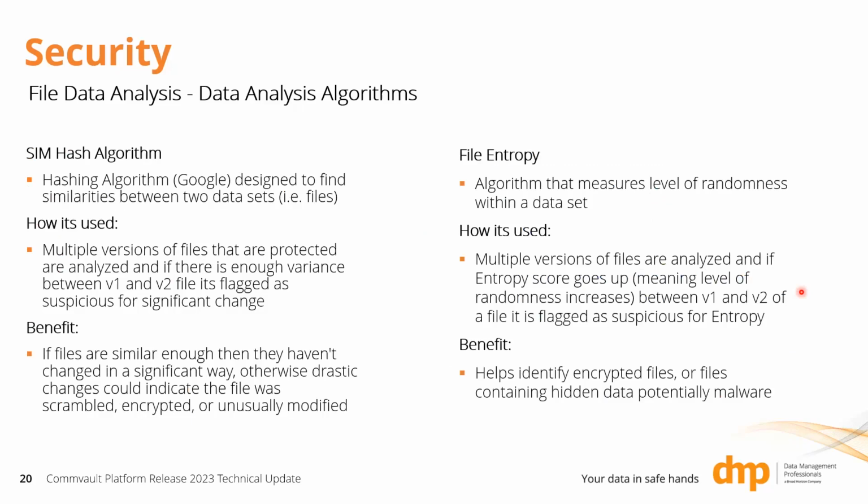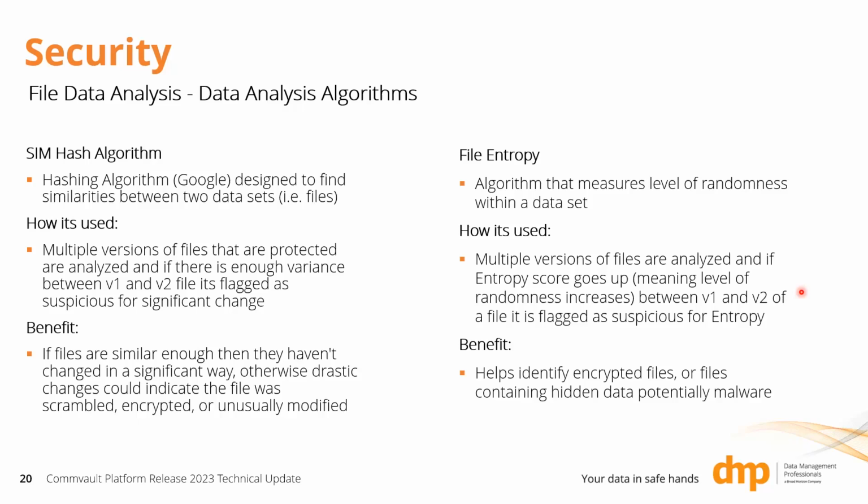So, for example, if you have a file which has different versions, so you saved the file on one date and it has been adjusted on another date, those are then two different versions of the particular file. And it's going to see if there's enough variance between those different files. And the SimHash looks for a change of more than 10 bits between those versions. Then it will be marked as an anomaly.